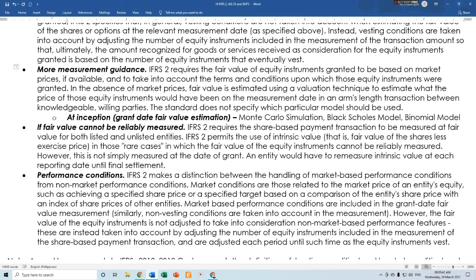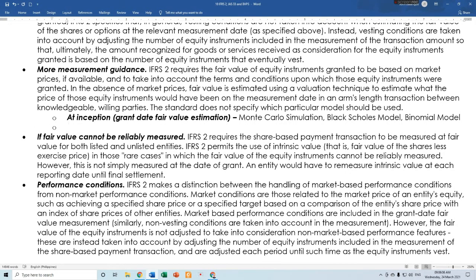Okay, so yan yung mga pwede nating gamitin. Syempre hindi naman natin sure kung paano talaga ginagamit yan kasi that is based on the experts' computation. So pang mga actuaries yan or mga experts in valuation. Basta yan yung mga usual na ginagamit: Monte Carlo simulation, Black-Scholes model, tapos yung binomial.